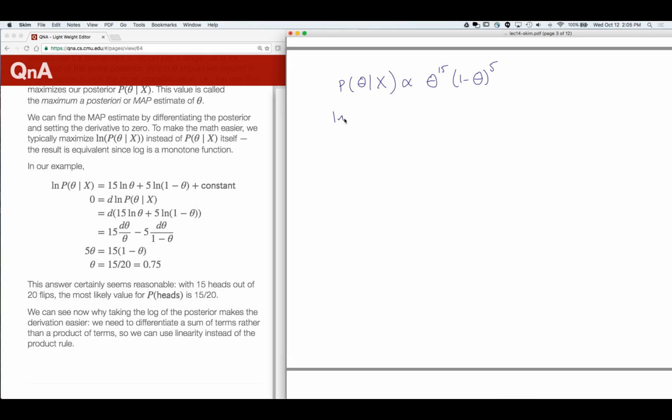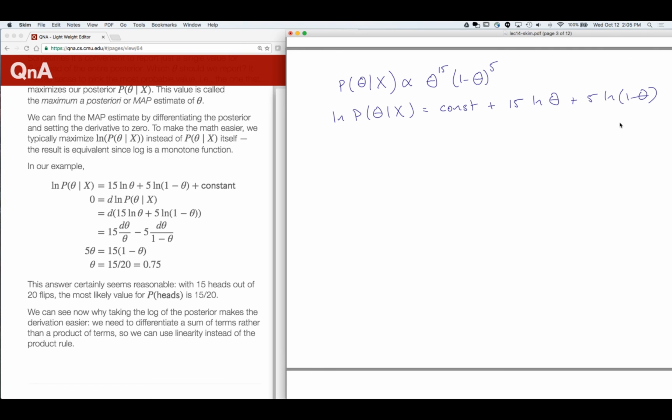So log p of theta given x is equal to a constant, because of this proportional to, the constant of proportionality turns into an additive constant. And then log of this becomes 15 log theta plus 5 log 1 minus theta.